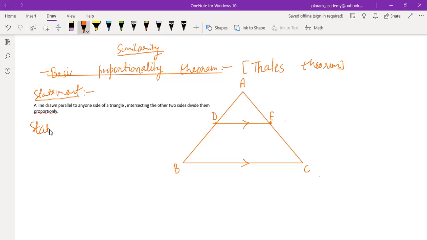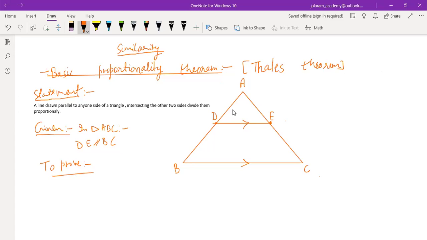First of all, we have to write the heading given. So given that in triangle ABC, DE is parallel to BC. And to prove what we have to prove, divides the other two sides proportionally.